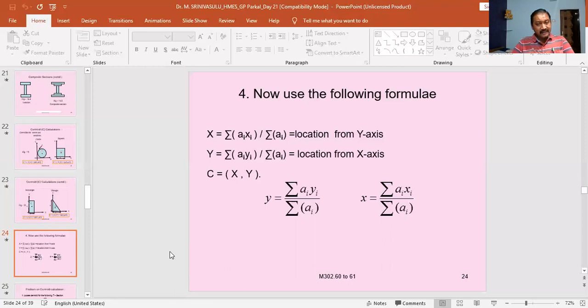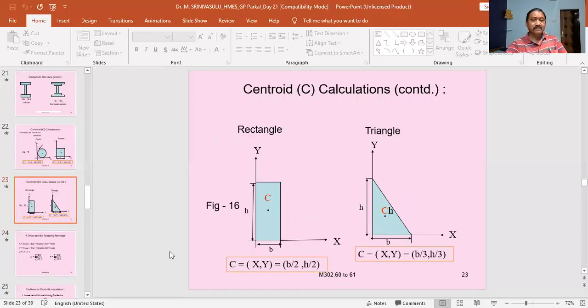That is nothing but x is equal to sigma ai xi by sigma ai. So what is the x? x means the value of the x coordinate from the y-axis.